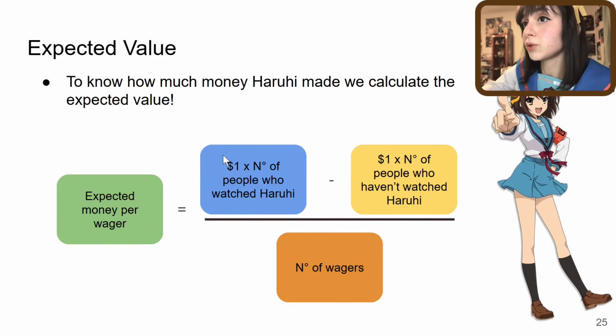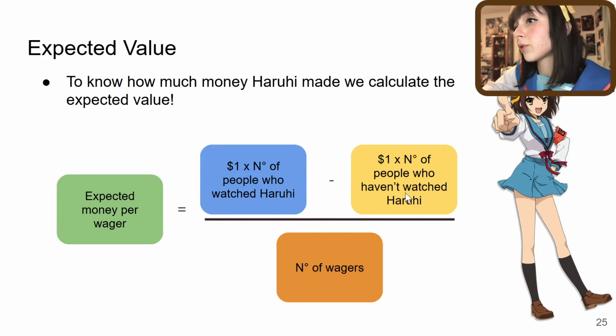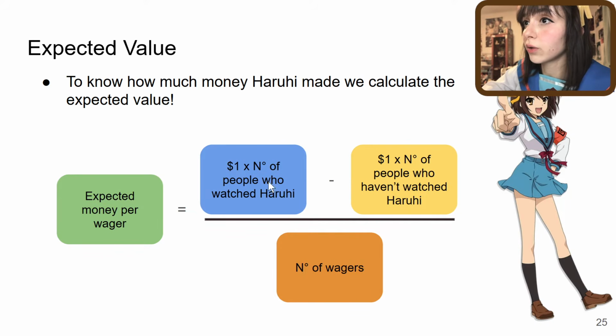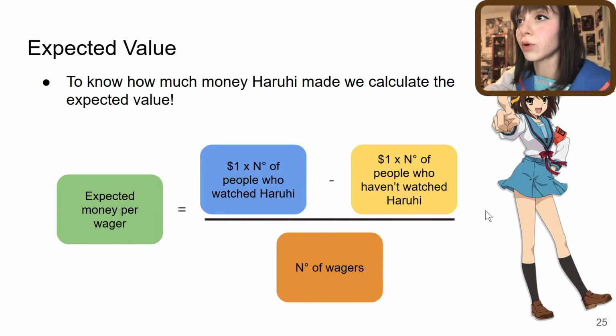Up here we have two numbers: first, $1 times the number of people who have watched Haruhi, and then minus, we subtract $1 times the number of people who have not watched Haruhi. The top part gives us the total money that Haruhi makes, and the bottom part is just to divide by the number of wagers, the total number of people in this particular population that voted in the poll.